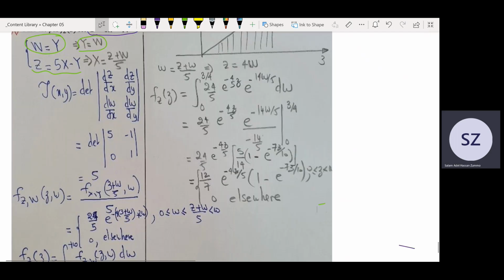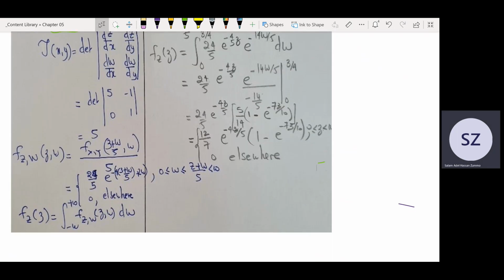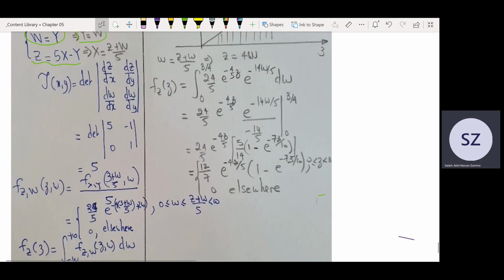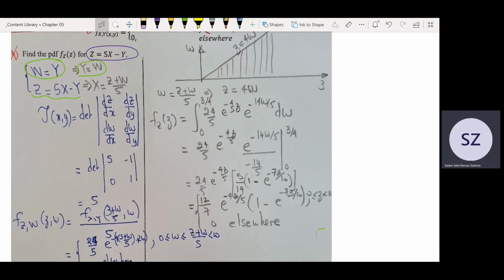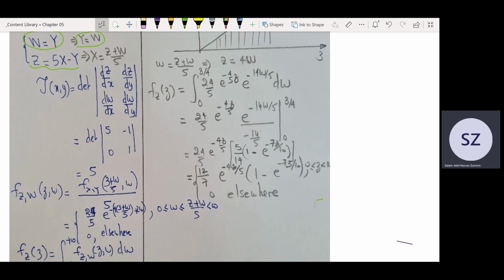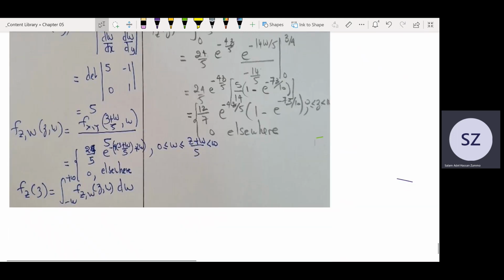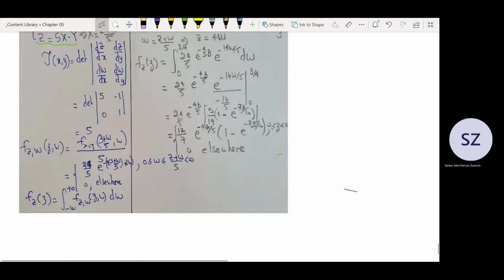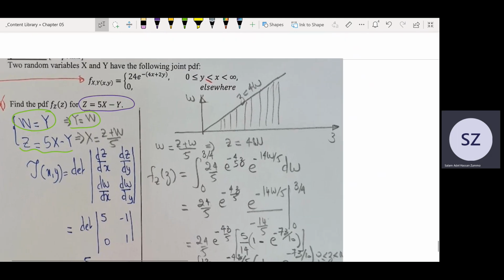Now we can write the joint PDF of Z and W as the joint PDF of X and Y evaluated at the inverse functions. The inverse functions were X equals (Z plus W) over 5, and Y equals W. So we substitute X with (Z plus W) over 5, and Y with W in the original PDF.